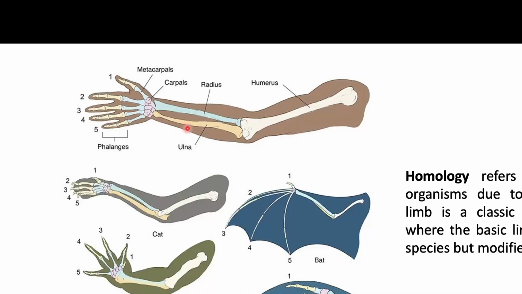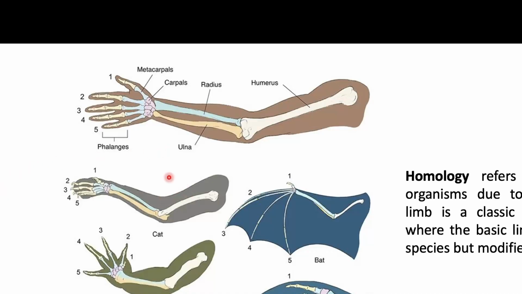Then we have two different bones, the radius and the ulna. Then we have a pentameric five-bone structure, which is the carpals, metacarpals, and phalanges. The same goes for our legs and feet. We have a single thigh bone, two bones in the shin, and then five bones in the foot or toe.